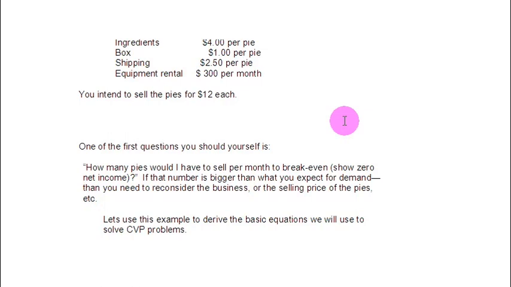It's actually fairly intuitive, but it's really important to many business decisions. We're going to be using the numbers in this example to do basic break-even style and targeted net income analysis for CVP, and also I'll use some of the terminology just to illustrate how to derive those basic equations.